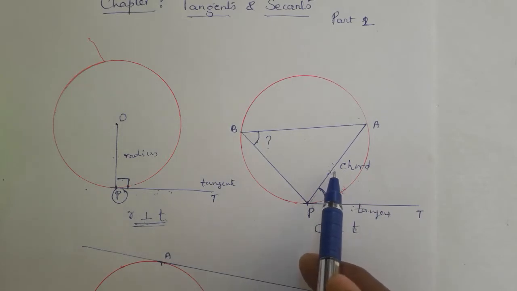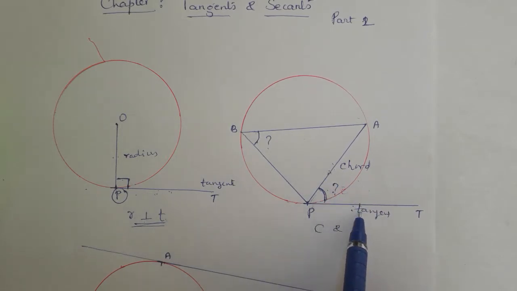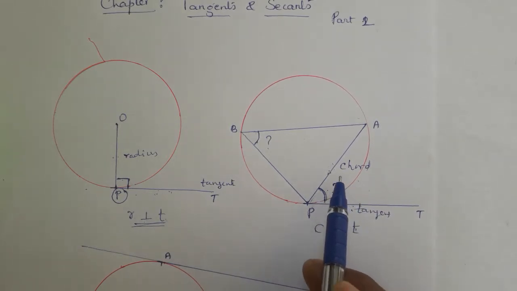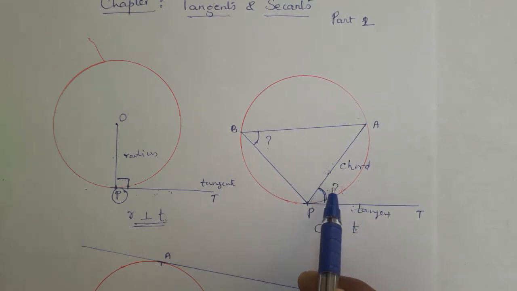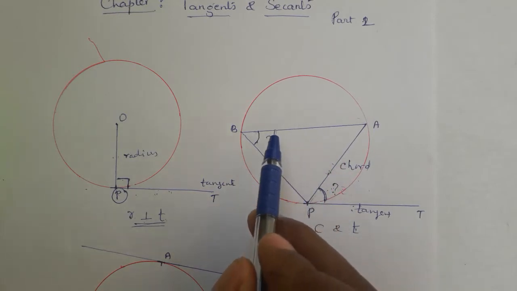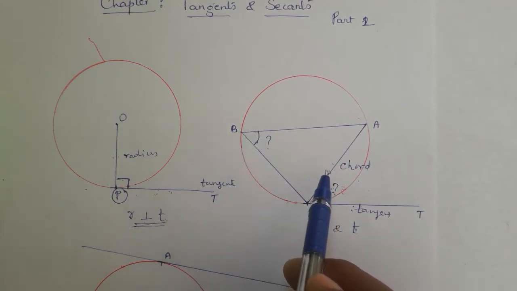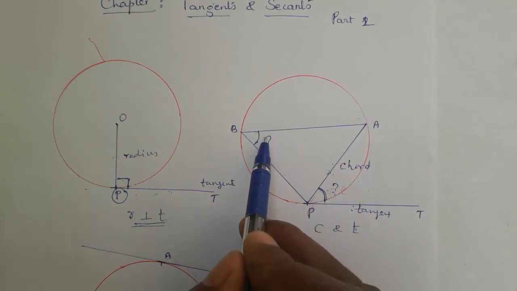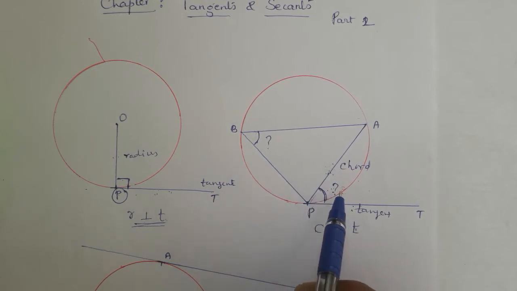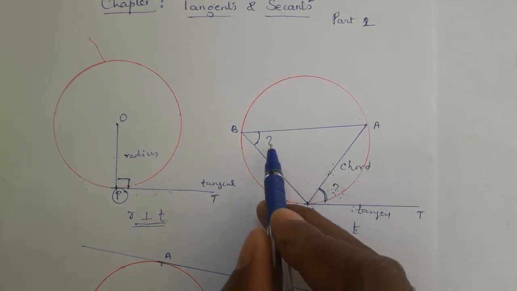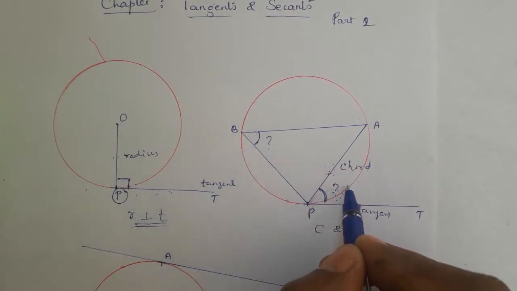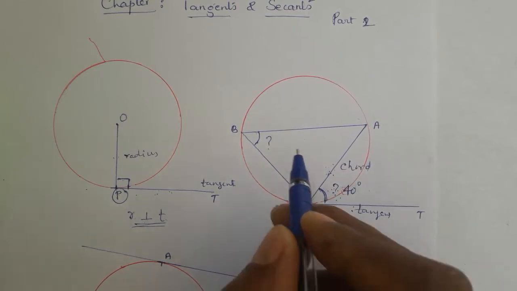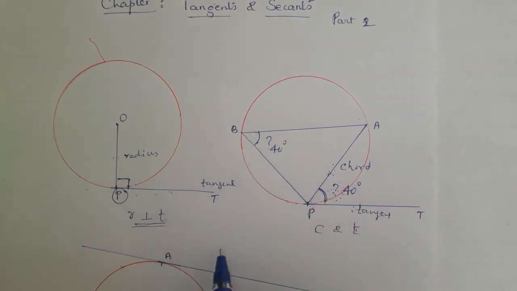I repeat again: the angle the AP chord forms with the tangent is the same angle the AP chord makes at B. That means these two angles, marked by question marks, will be equal. Suppose you find 40 degrees here, then here also 40 degrees.